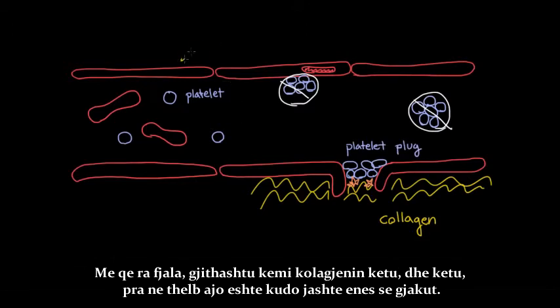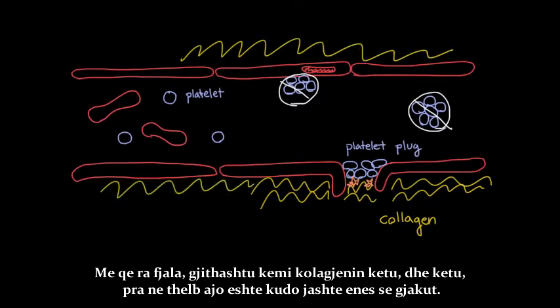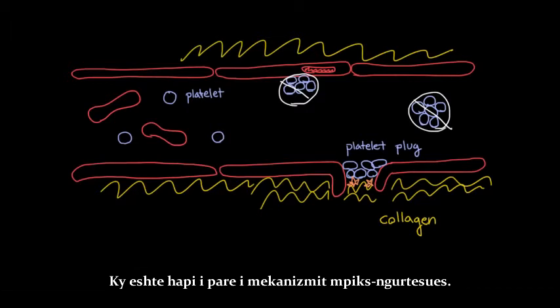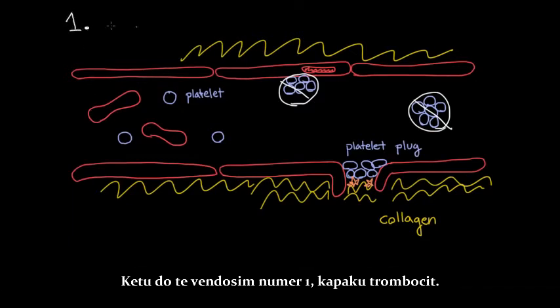And by the way, just to be clear, you also have collagen up here and over here. So it's basically everywhere outside the blood vessels. Now it turns out that this is only step one of the clotting mechanism of your body. So up here we'll put number 1, platelet plug.